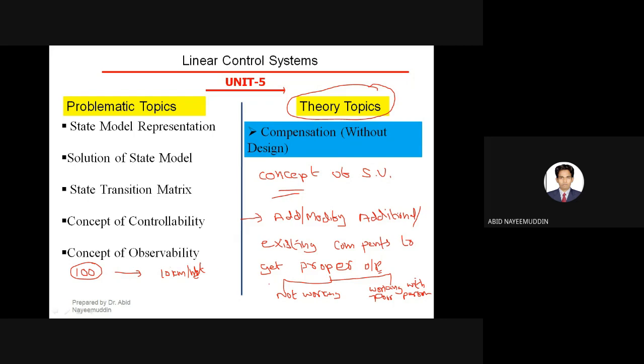If you are not using that particular product, then you need to replace. So rather than replacing, one option is there. I told you already, there is the compensation. In compensation, we will repair the system by adding additional components or repairing the existing one, to get the product working with proper output.